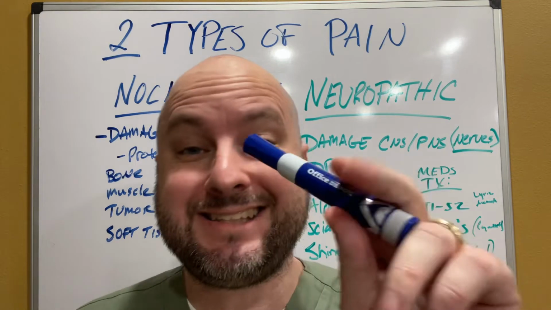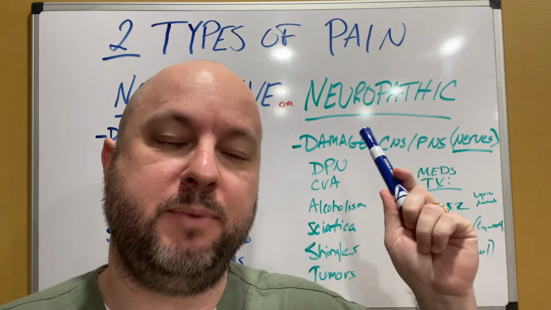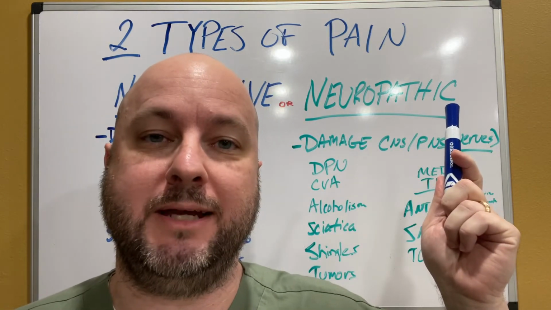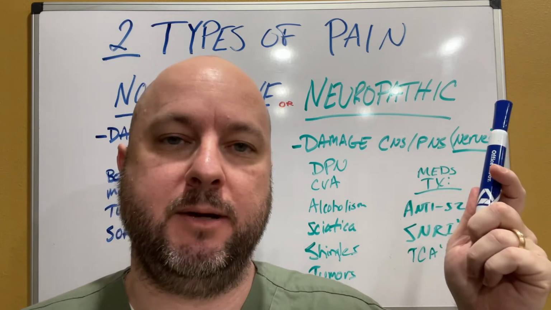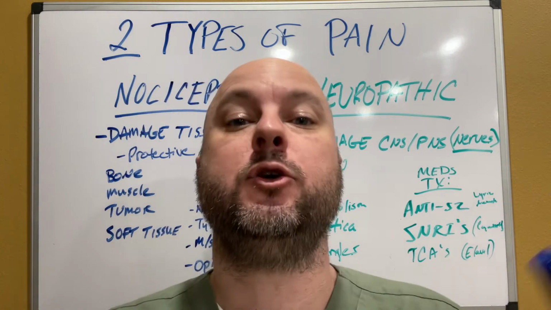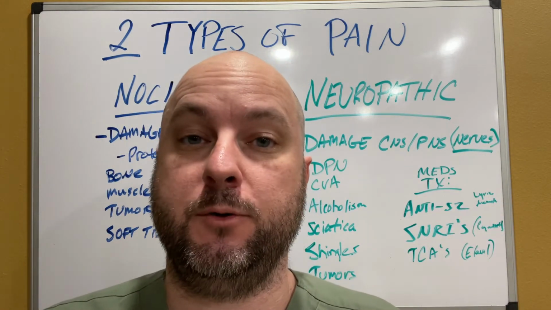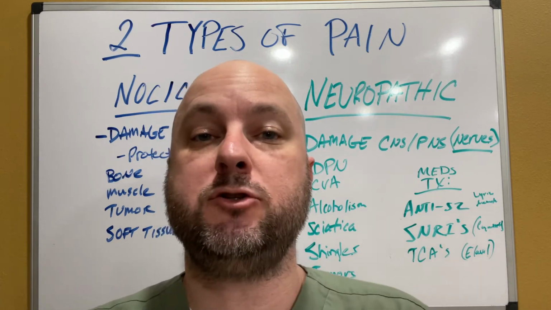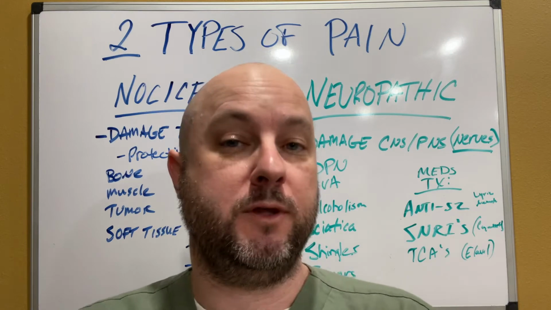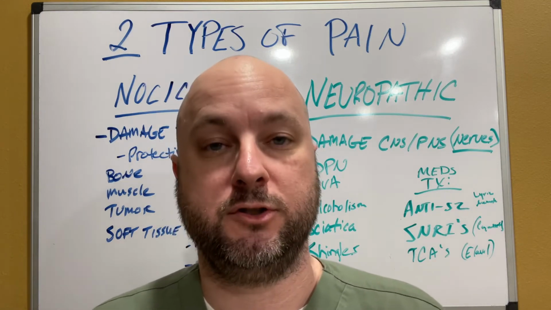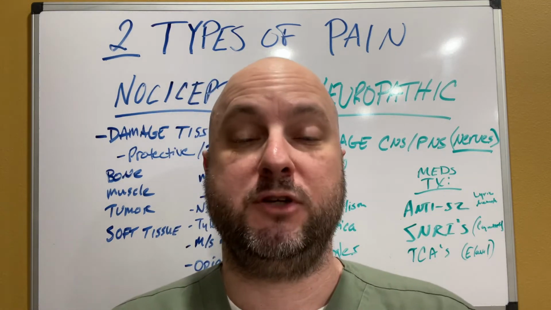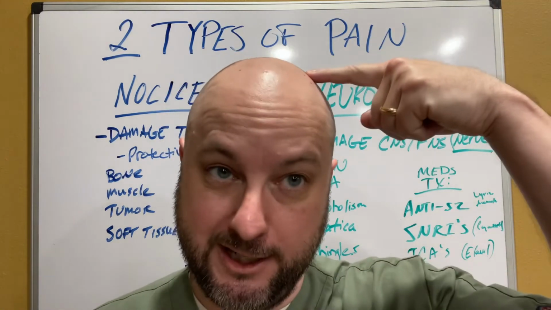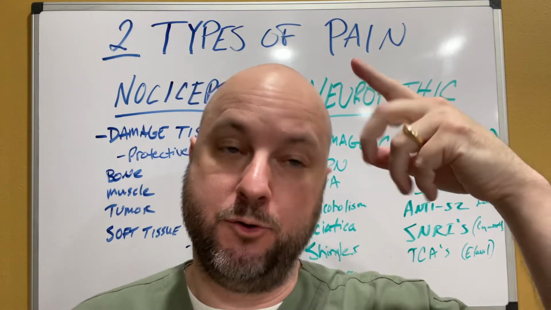But anyway, the second type of pain is neuropathic pain. That has everything to do with the nerves, the central nervous system and the peripheral nervous system. If there's a damage or a malfunction within the central nervous system or peripheral nervous system, i.e. if there's a previous stroke in their brain, you can develop neuropathic pain.